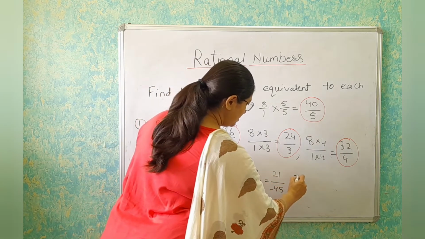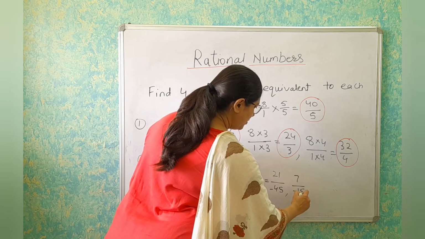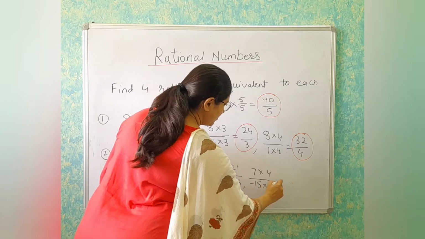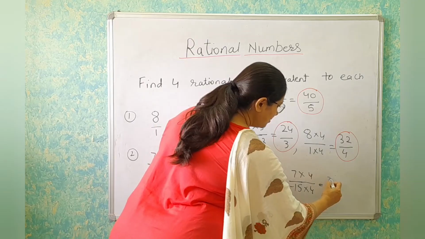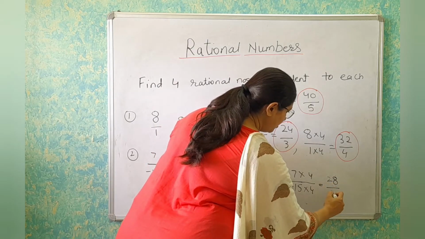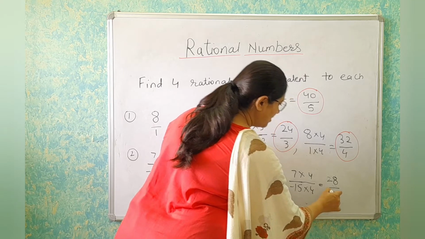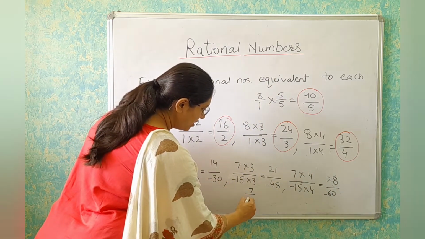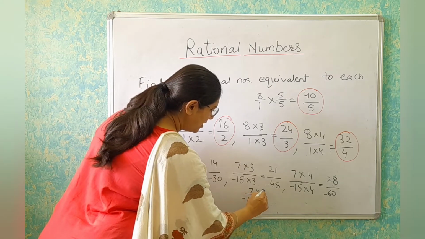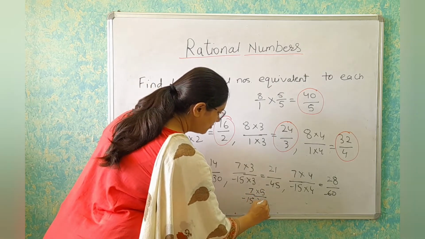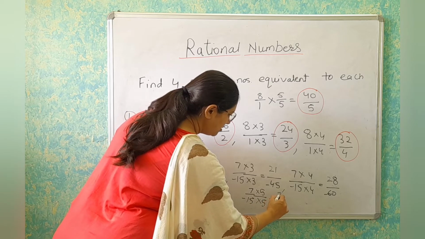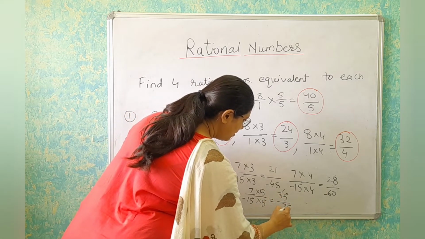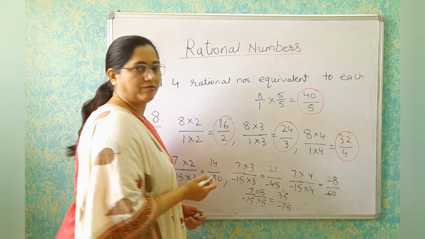Next, 7 upon minus 15 multiplied by 4: 28 upon 60 and the sign will be negative. And the last one, 7 upon minus 15 multiplied by 5, and the answer will be 35 upon 75. And it is negative.